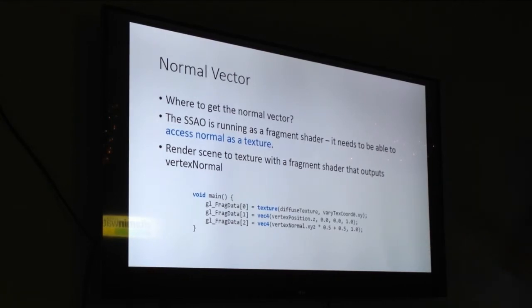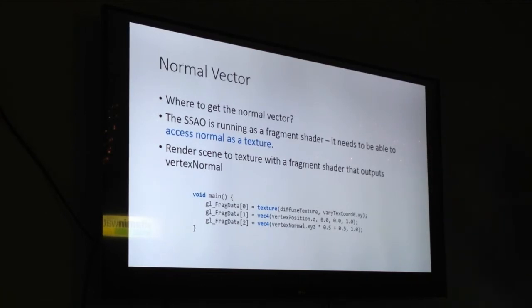You've got to be careful because a texture goes from 0 to 255 or 0 to 1 in GLSL, and a vector can actually face the other way. It can go negative. So you've got to shift a vector that goes from 1, 1, 1 to negative 1, negative 1, negative 1 to go from 0 to 1. That's what this times 0.5 plus 0.5 is doing.